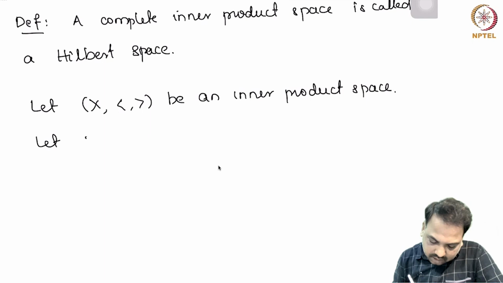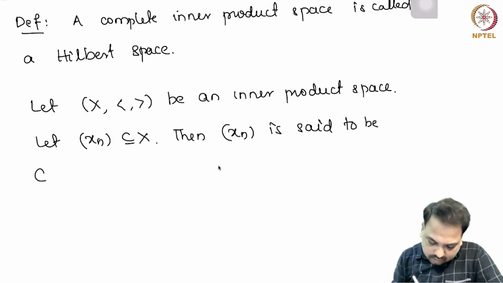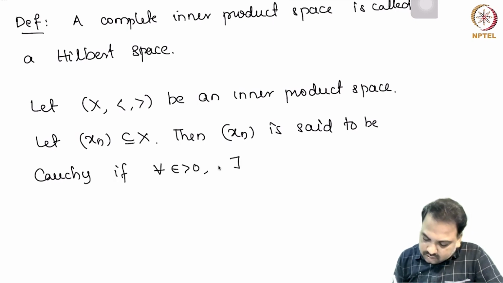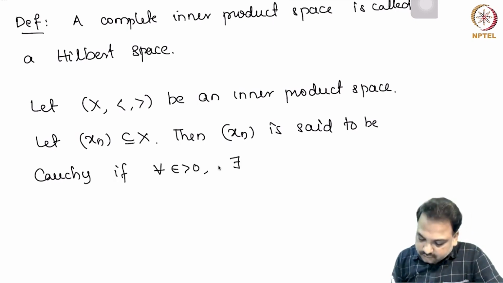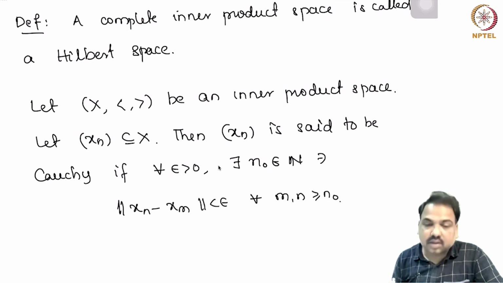So let Xn be a sequence. Then we say that Xn is said to be Cauchy if for every epsilon positive there exists a natural number n0 such that norm Xn minus Xm is less than epsilon for every n, m bigger than or equal to n0.